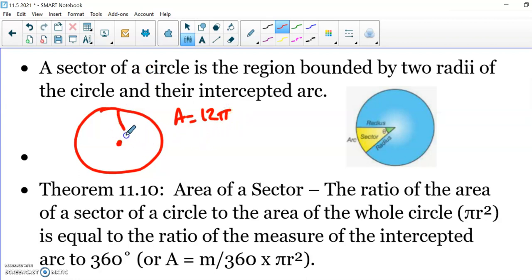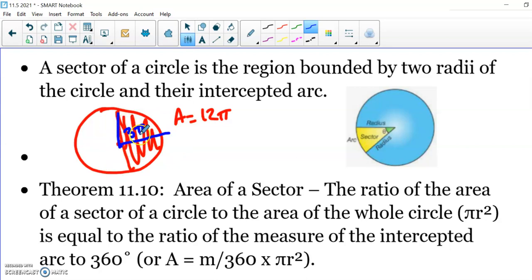And if we took half of that circle, we would know that the area of this sector is 6 pi. If we took a quarter of it, we would take 1/4 of the 12 pi, and we would see this is 3 pi.